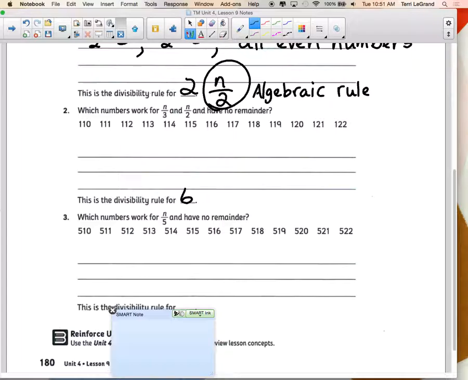Okay. And how do you know it's not divisible by 2, Sammy? Why can't you divide 115 by 2? Overall class, why can't we divide 115 by 2? Because it's not an even number. Danny?